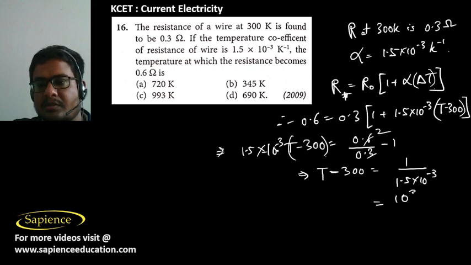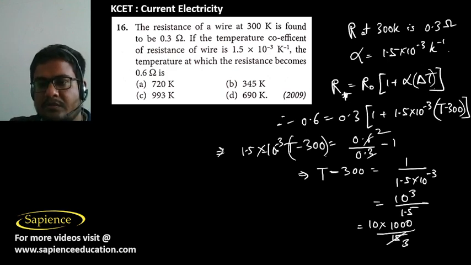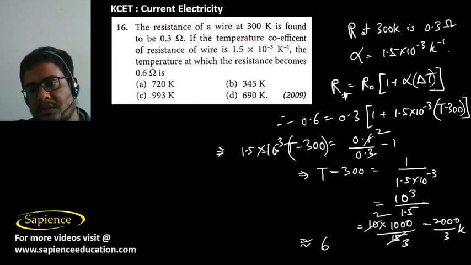This will be 10 power 3 divided by 1.5, so I can write 10 into 1000 by 15. This is 2000 by 3 Kelvin, which will be approximately 666.